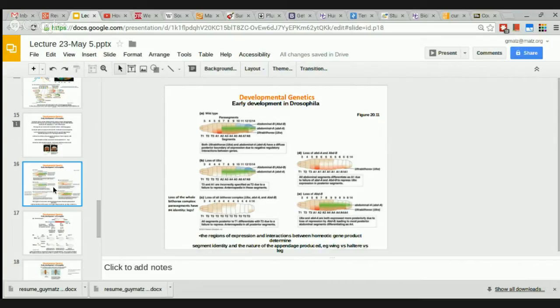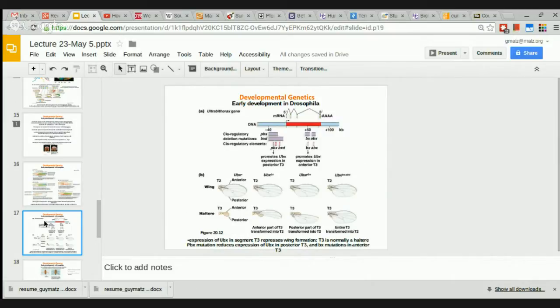And here's an important point: it's not a complete loss of function of UBX, because UBX is an essential gene. What these mutations are, they're mutations in enhancers that allow for the expression of UBX in both segments, constituting the parasegments that make up T3.